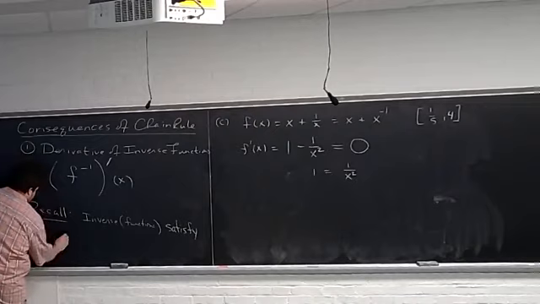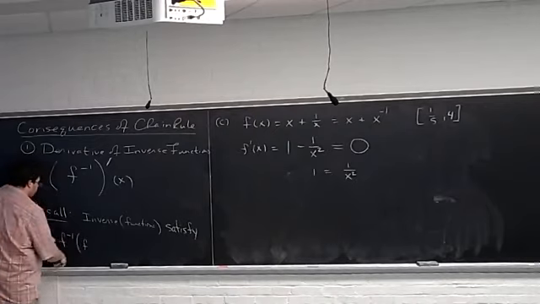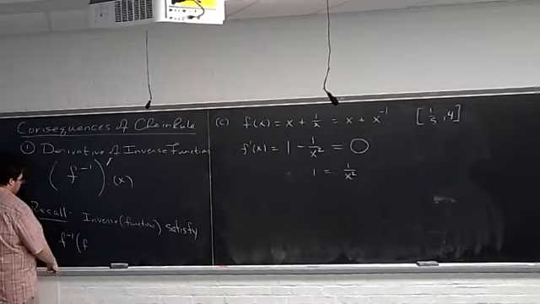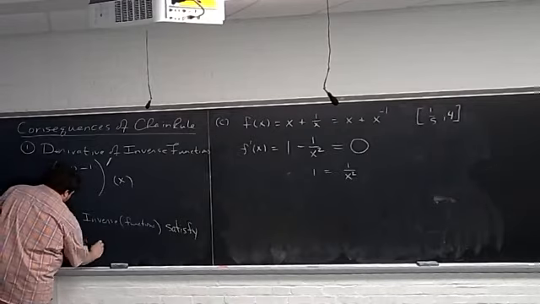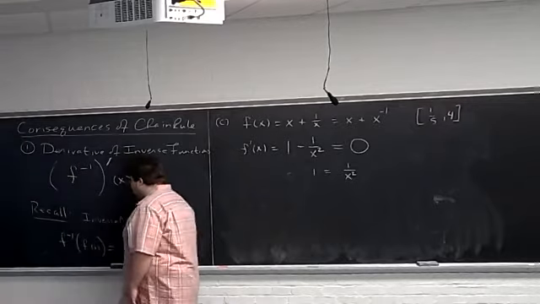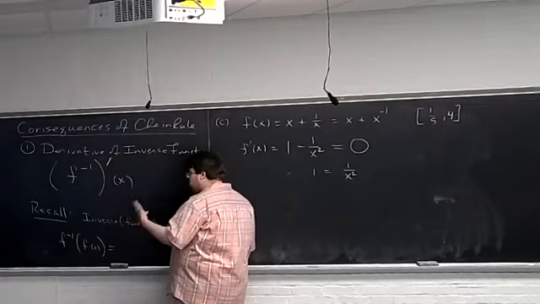So inverse functions satisfy f inverse composed with f. So sometimes you see composition with the circle. I'm going to write it as the actual computation of the composition because that's what we're going to use here. Inverse functions satisfy that the inverse and the function, in a sense, cancel.